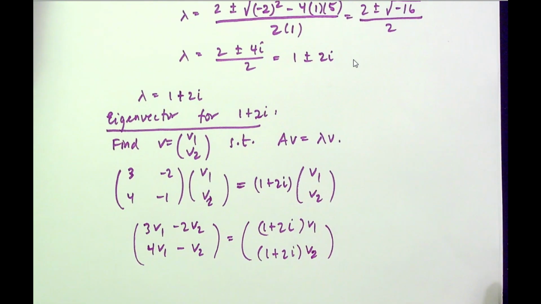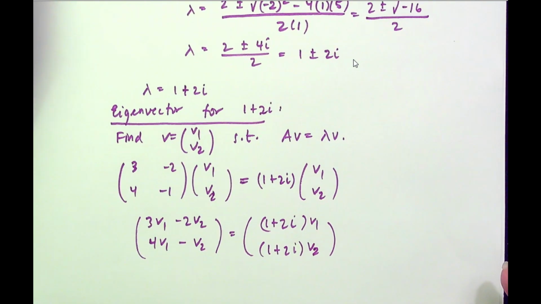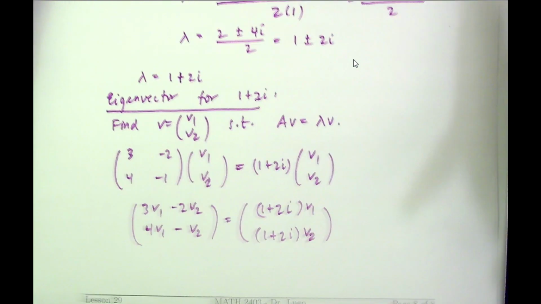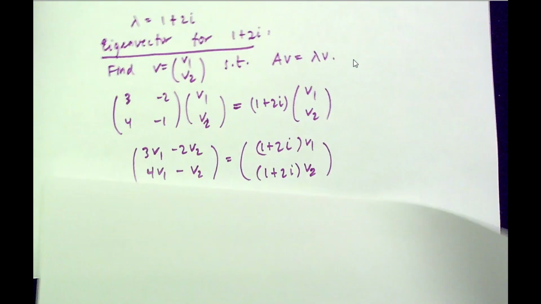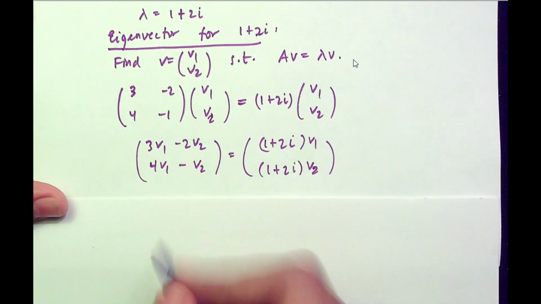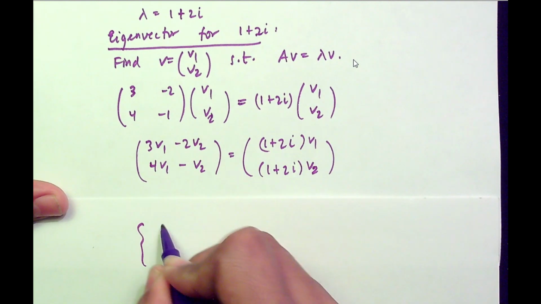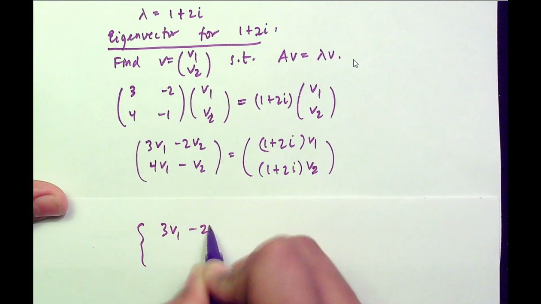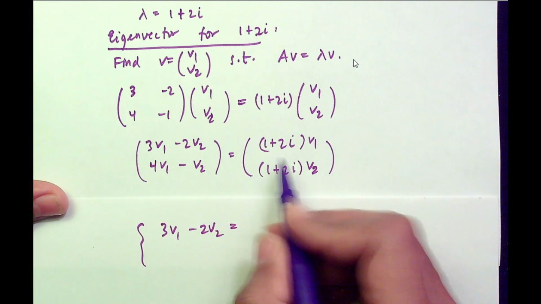Okay, now we're going to set the corresponding parts equal to each other. So we get the system 3v1 minus 2v2, and then we're going to distribute the v1.